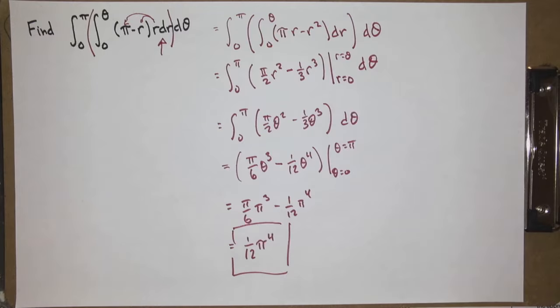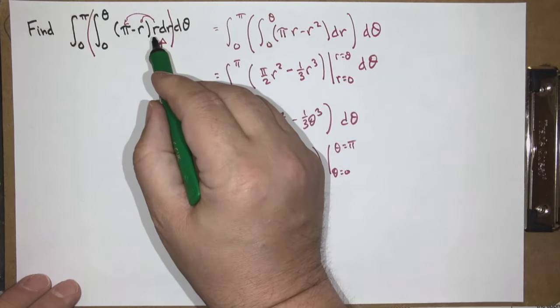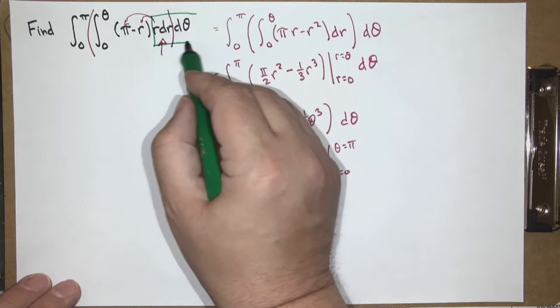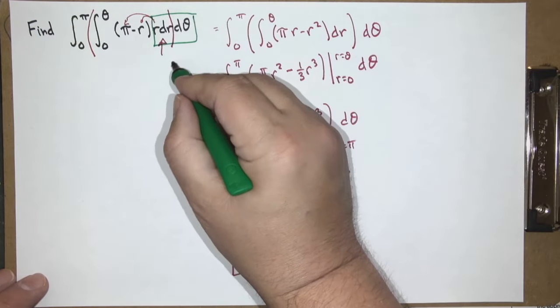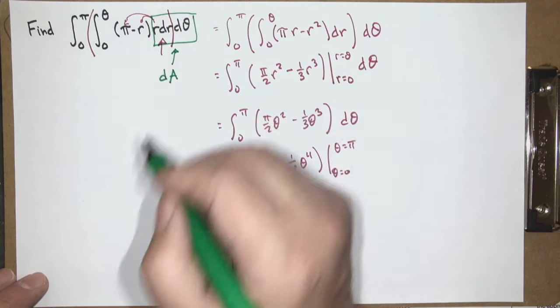Now, in terms of what we're actually doing, we can think about what the computation here is. The r d theta, this part on the end, what does that represent in terms of our integral? Because remember, every integral has 3 parts. R d theta, what am I representing? The little part of area. So this is the dA, cutting things up.